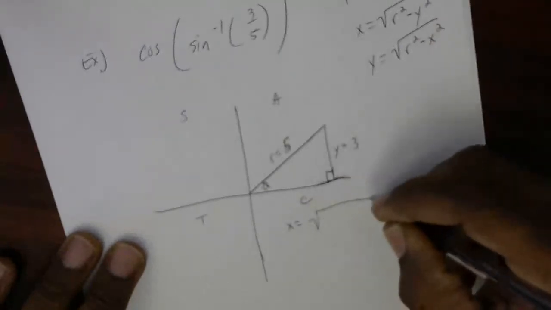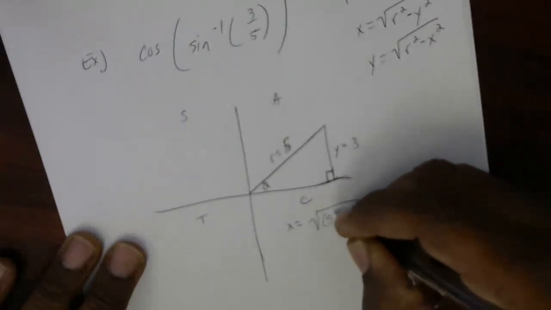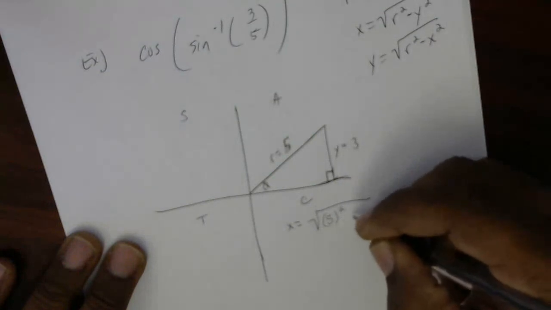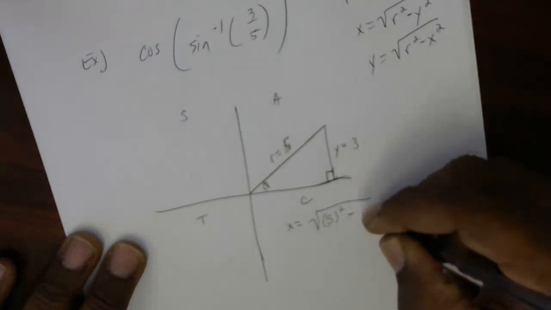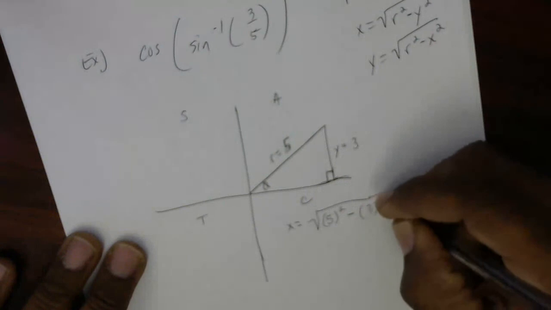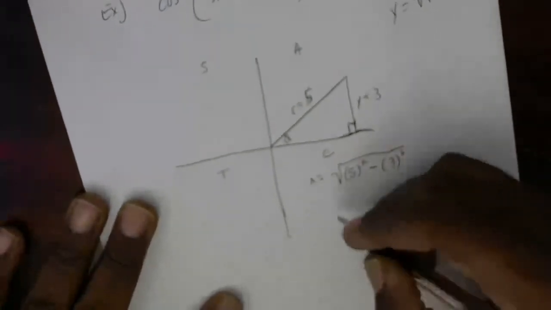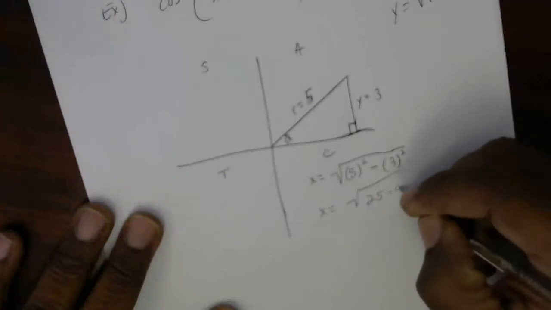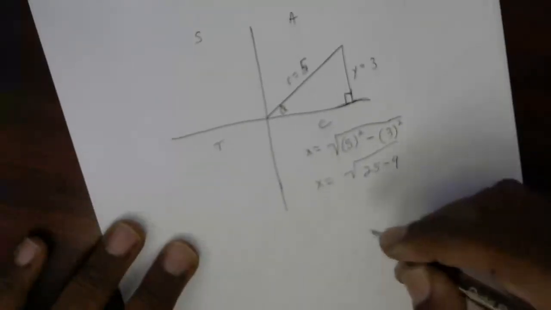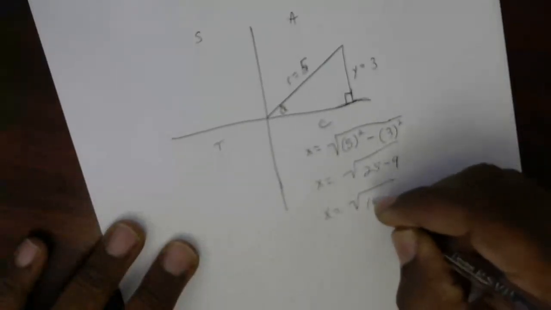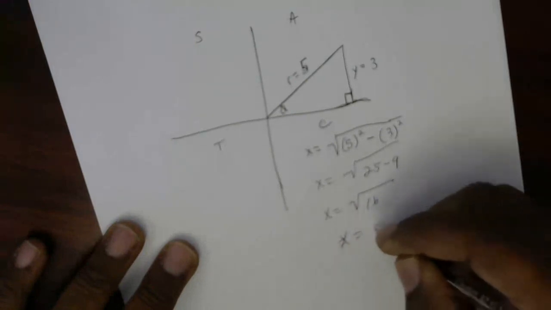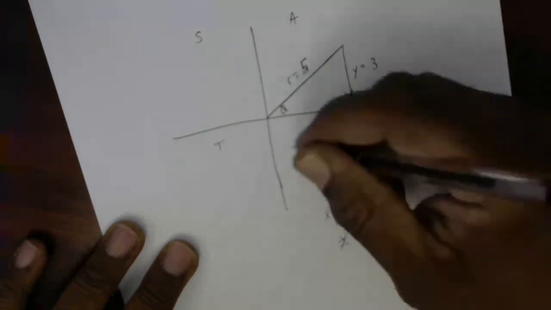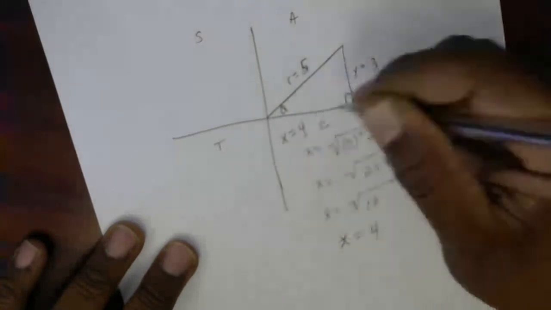X equals the square root of r squared, that's 5 squared, minus y squared, which is 3 squared. So this is the square root of 25 minus 9. 25 minus 9 is 16, and the square root of 16 is 4. So x is equal to 4.